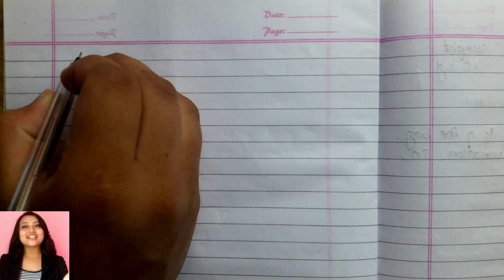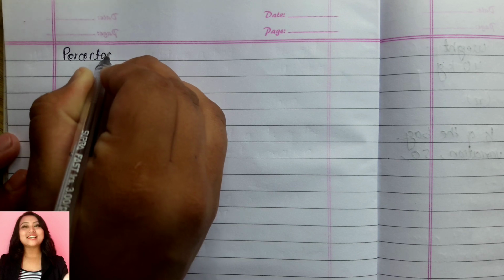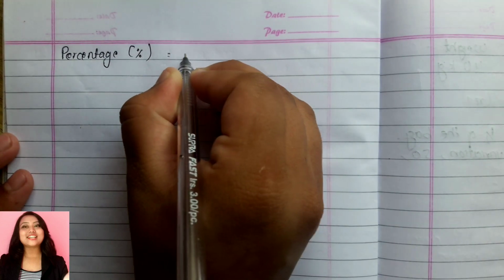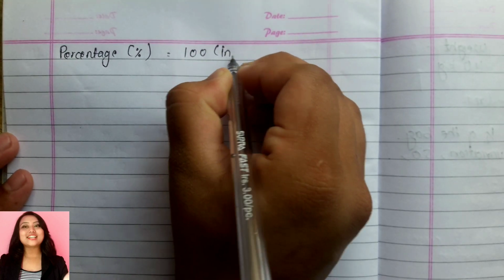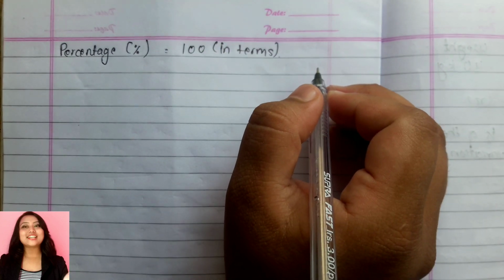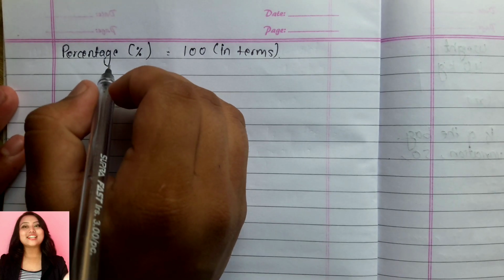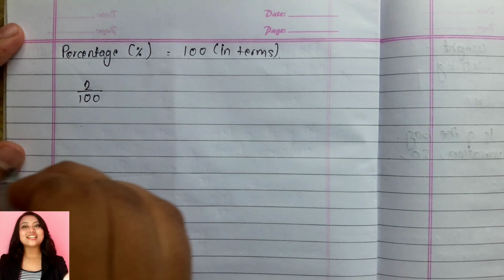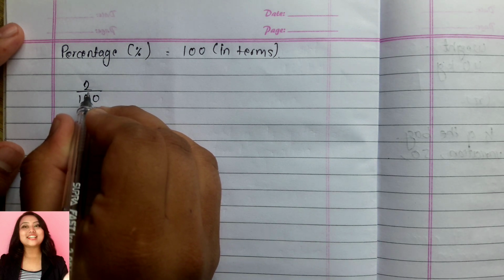Before starting, I just want to make it clear that percentage, denoted by this symbol, will always be counted in terms of 100. And whatever number is given, decimal or fraction, you can express it as a fraction. Suppose the fraction 2 upon 100 is given and you have to express it in terms of percentage.